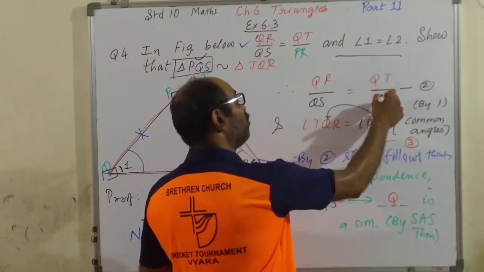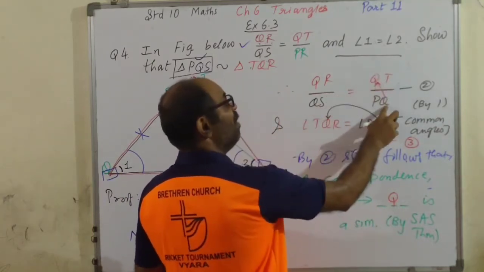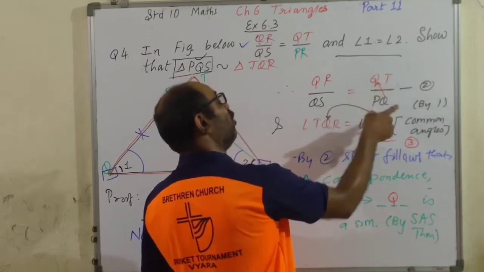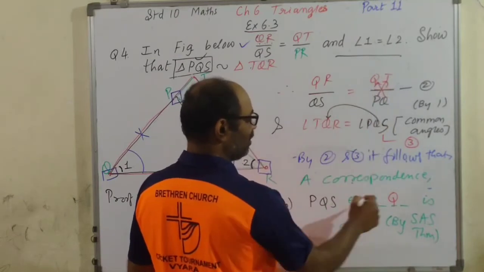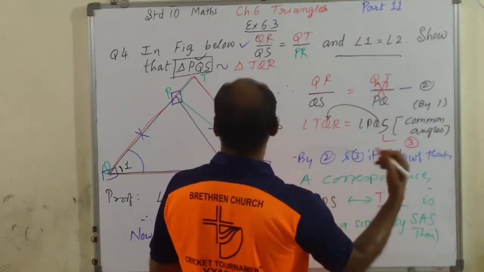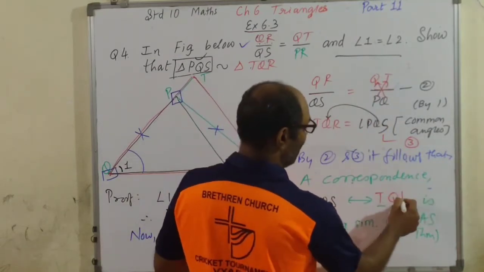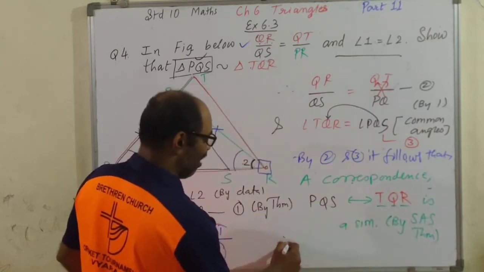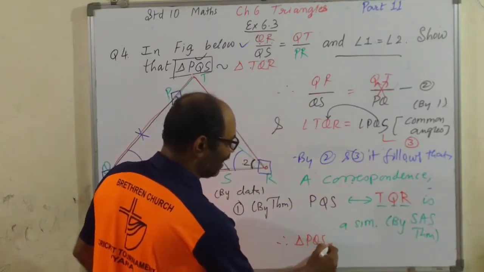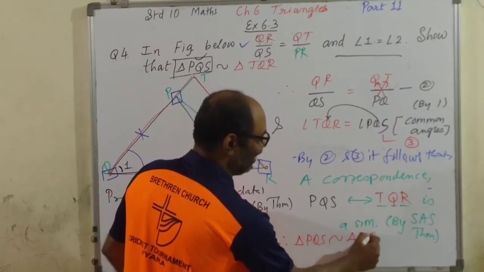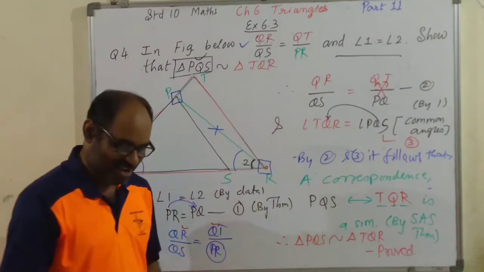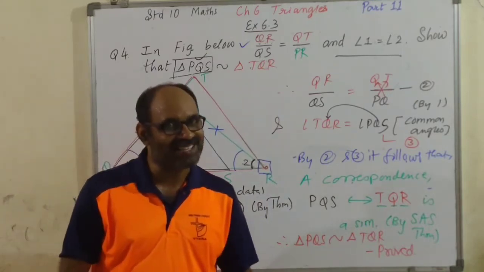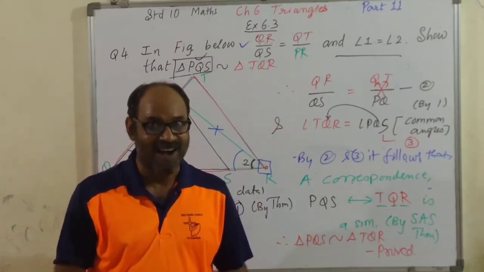Q corresponds to Q, वो हो गया. So P corresponds to T. P is T, so first should be T, and then fill in the blank. Therefore, triangle PQS is similar to triangle TQR. Proved. Got it, children? I hope you all are understanding. Sure? Good.